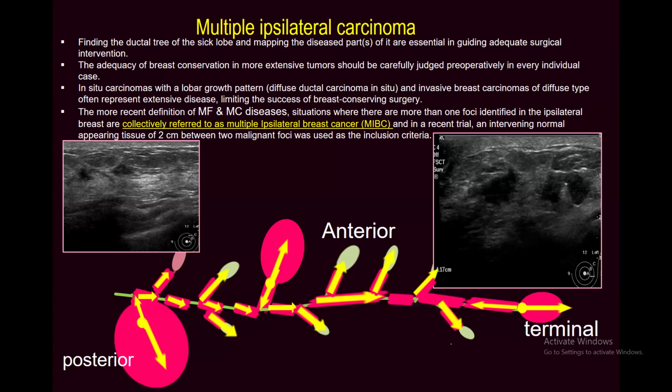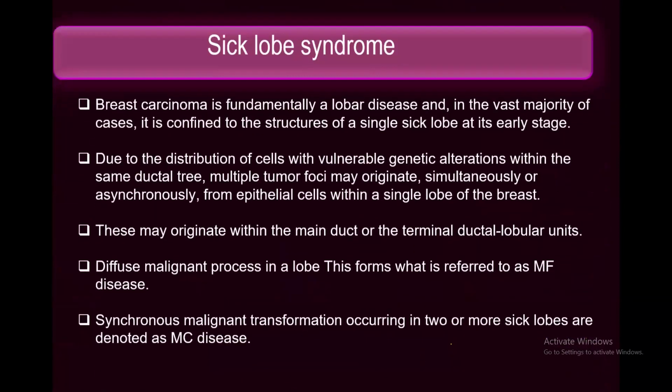Or it might arise in the duct and then cancerize this lobule. Or it might arise at all these points at once, simultaneously. And in this case it represents sick lobe syndrome. So what is the sick lobe syndrome?